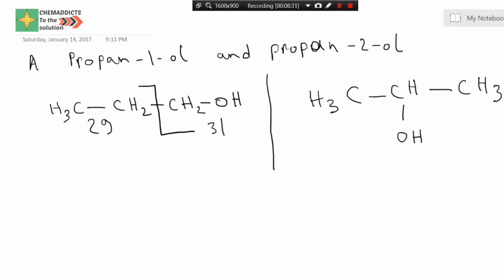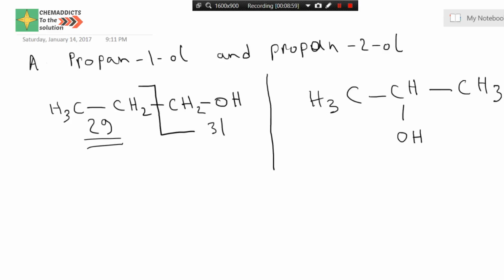If we add this up, we get mass by charge ratio 29, and if we add this up, we get 31. So this is how we're gonna fragment this molecule. This is one part of the fragmented molecule, and this is the other part.